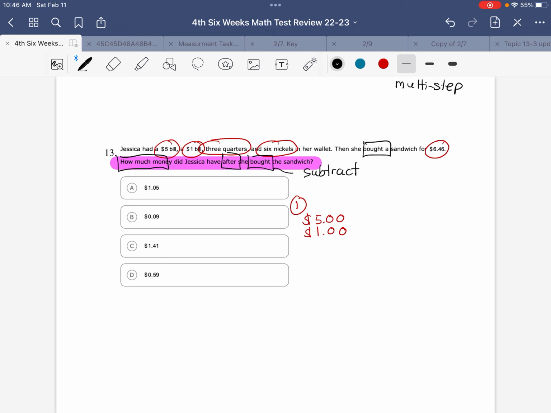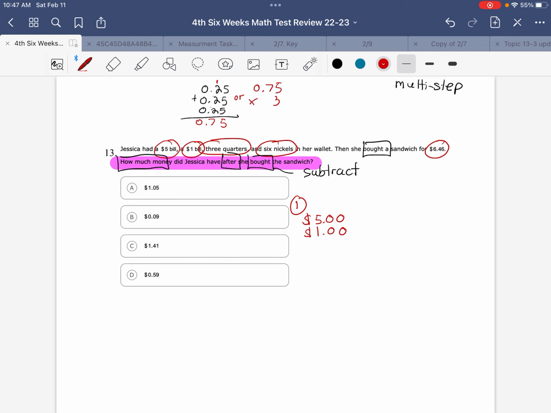You can say 0.25, and you can add this 3 times because she has 3 quarters. If I add all of these, 5 plus 5 plus 5 is 15, and I get 0.75, okay?